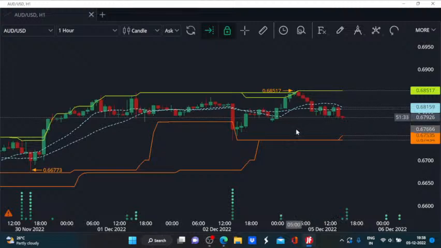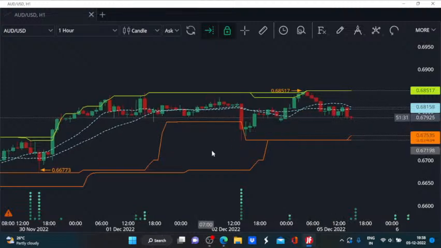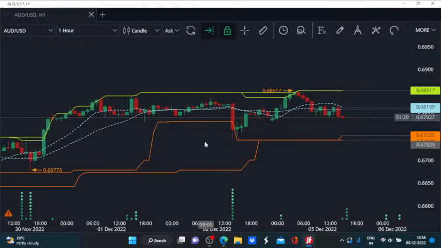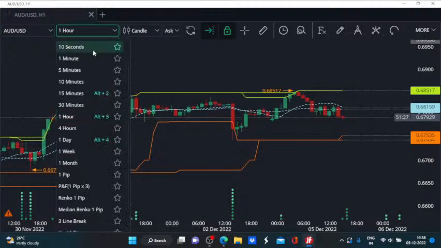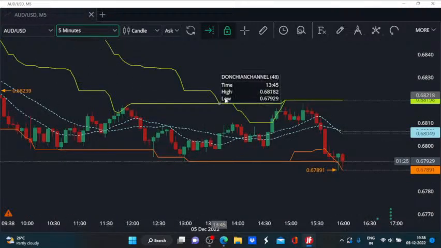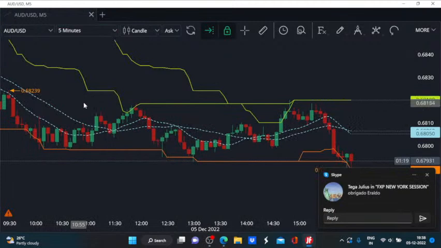But as things stand today, it is better to avoid any kind of long entry in the AUD USD, looking at its current price dynamic, where it is lagging in this upward momentum compared to the Euro USD.